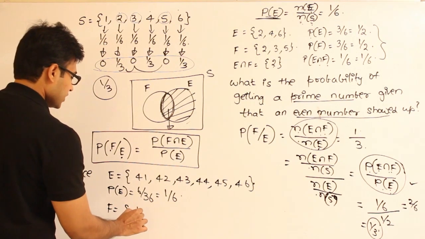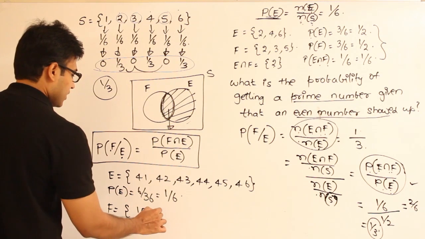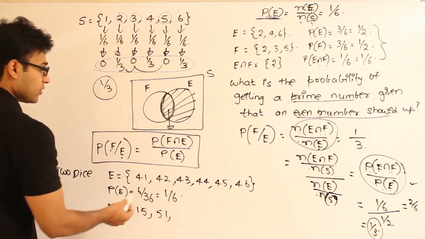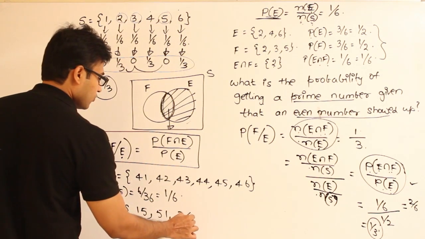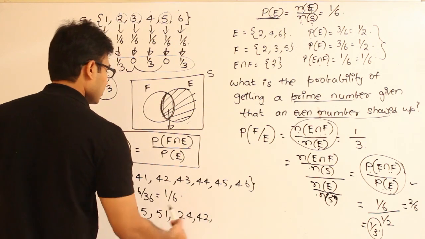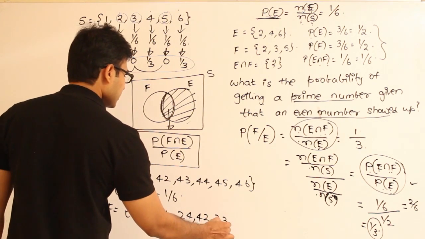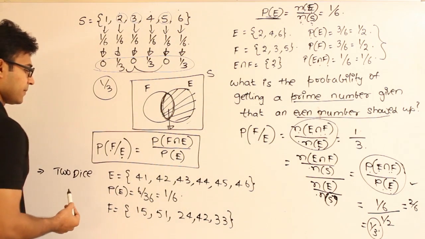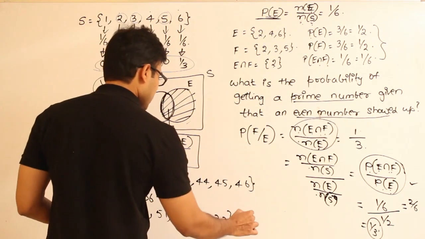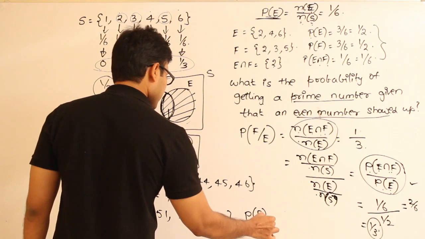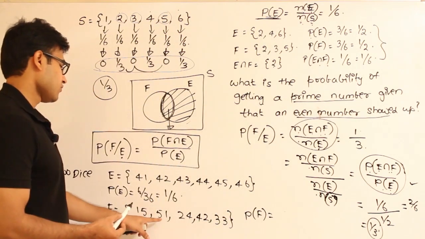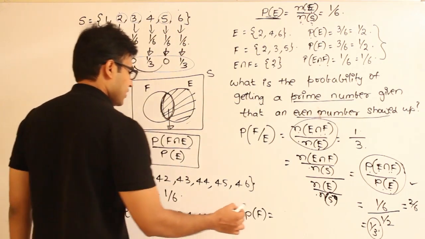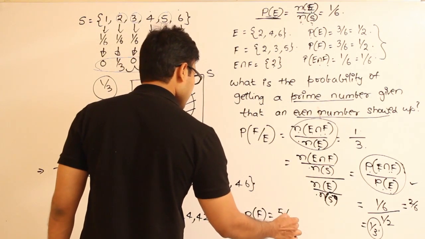What are the possibilities? 1 5 and 5 1, both give us 6, then 2 4 and 4 2, both give us 6, and 3 3 also gives us 6. Now what is the probability of F? It contains 1, 2, 3, 4, 5 elements, so it is going to be 5 by 36.